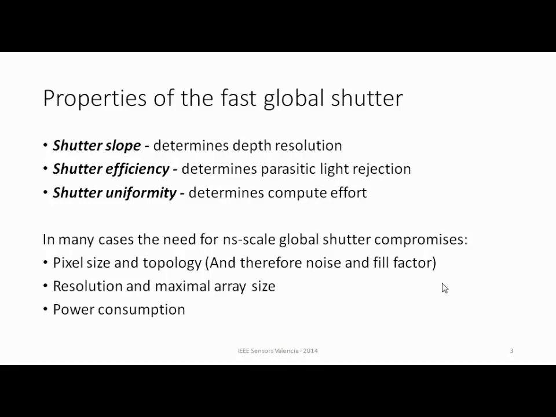And in many cases, the need for a nanosecond-scale global shutter affects the device design very much. You all know that image sensors have gone through a lot of advancement in recent years, but the need for global shutter often affects pixel size and pixel topology, and you saw in Professor Charbon's survey that time-of-flight pixels are still much, much larger, maybe even an order of magnitude larger than standard modern image sensor pixels.